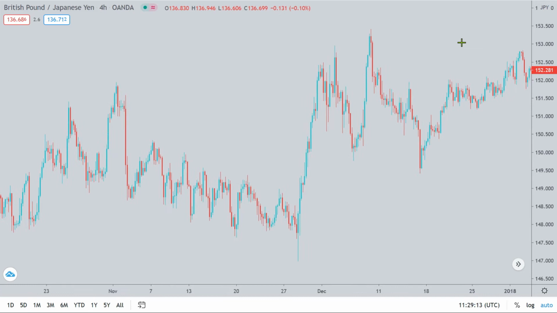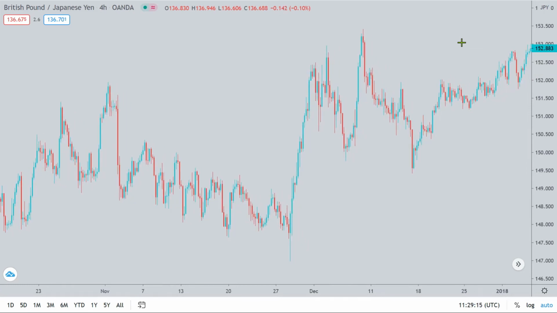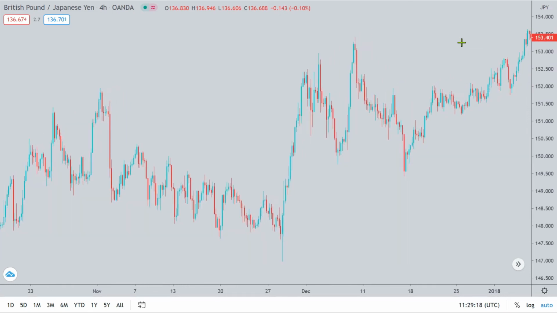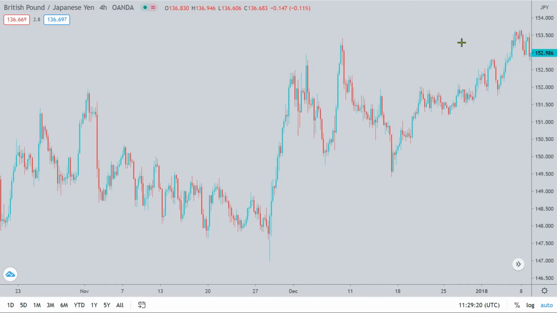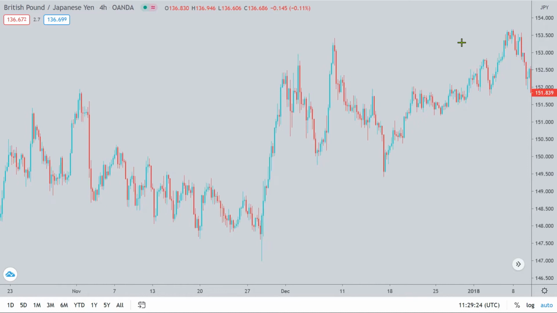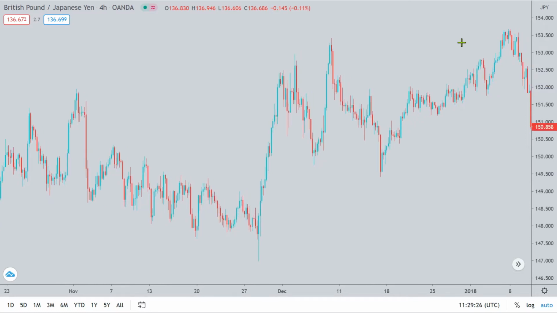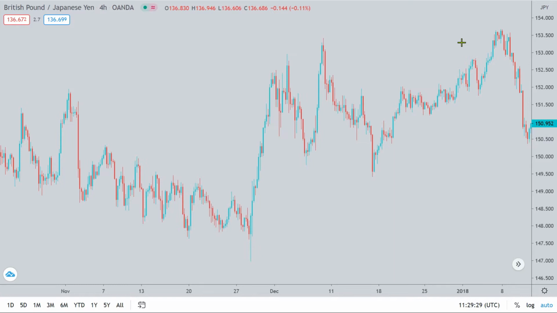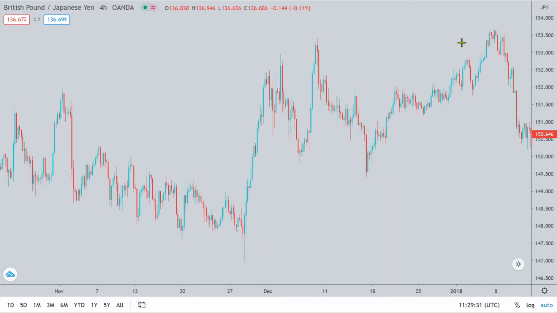The first one is, we will define what is head and shoulder pattern. The second one will be, what is the inverse head and shoulder pattern? Third one will be, how to identify head and shoulder patterns on forex and stock markets.